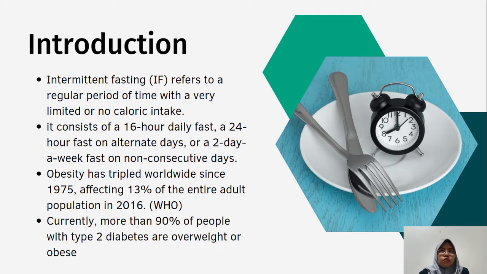Generally, it consists of a 16-hour daily fast, a 24-hour fast on alternate days, or a 2-day-a-week fast on non-consecutive days. During fasting, calorie consumption often varies from 0 to 25% compared to regular caloric needs.